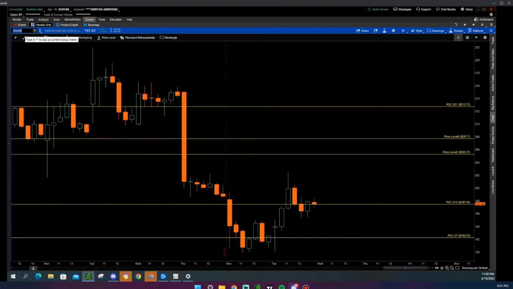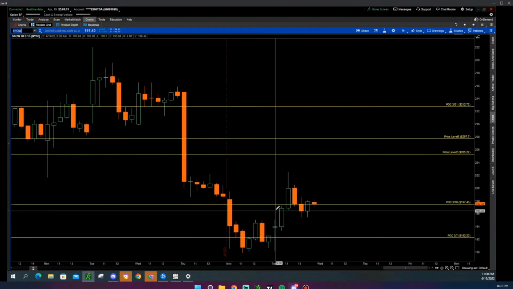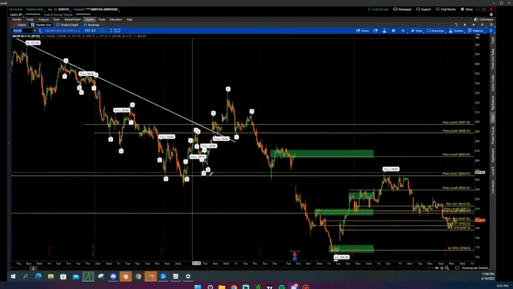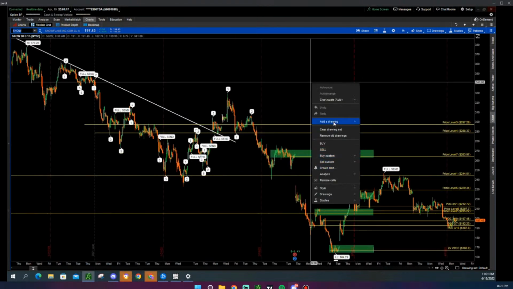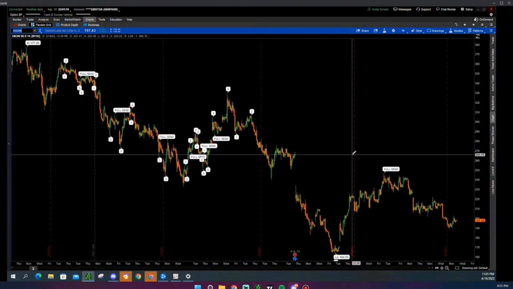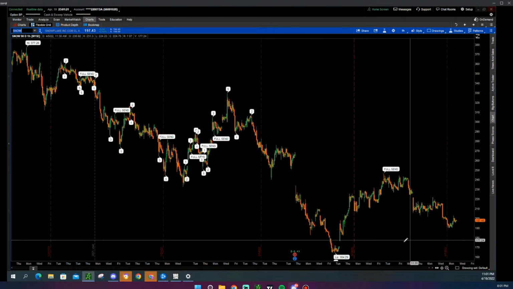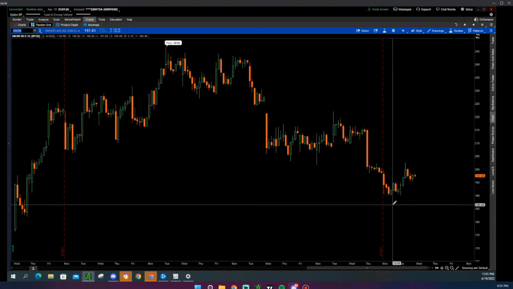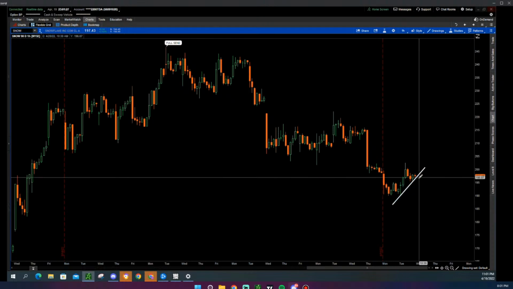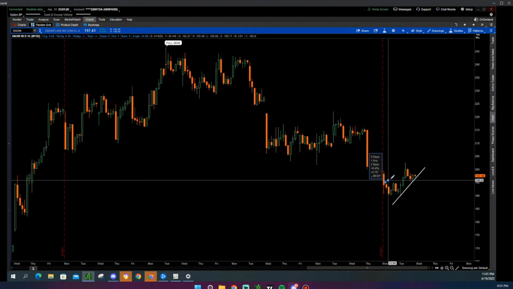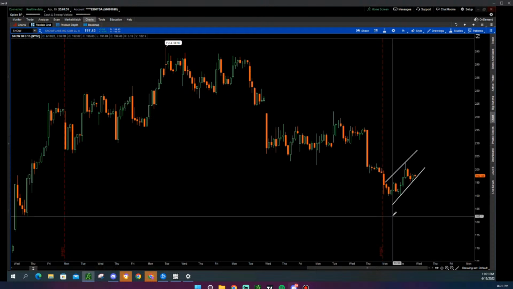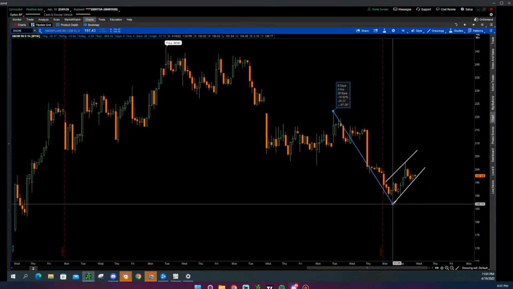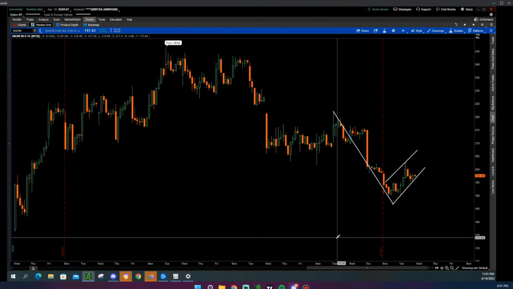See, what does SNOW do? Oh my God, it's getting crushed. Yeah, it's a nice bear flag too. Shorty, SHOP has a full send on the 2 hour, and it's also at the weekly bottom as well. But the weekly bottom.